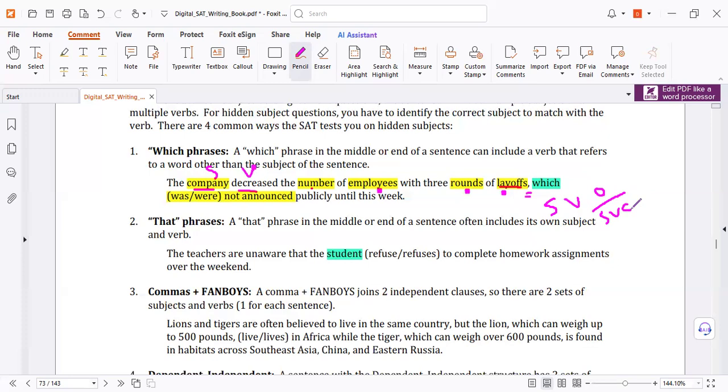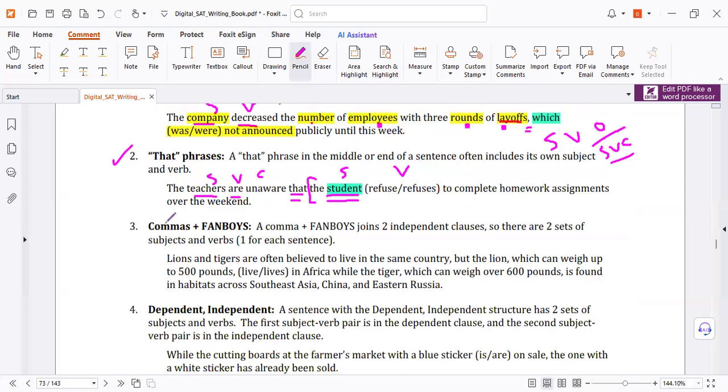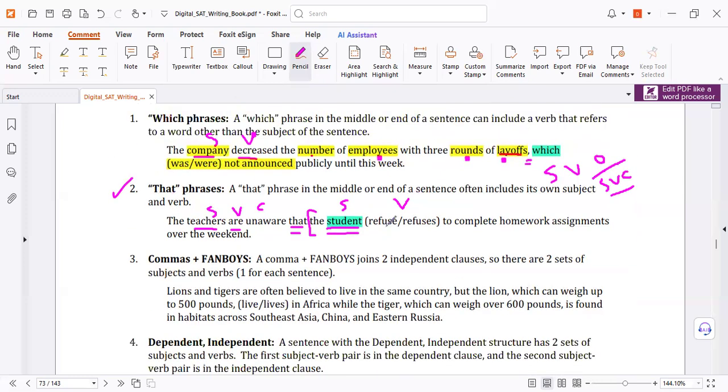After that, we need a sentence. So here the teachers are, look, subject, verb, and complement, aware that. After that, we need a clause: subject, verb, agreement again, then complements. So the subject is students. This one is so easy to know. So the answer will be refuse. Yes, singular, so it refuses. Okay. Oh, refuses. Okay.